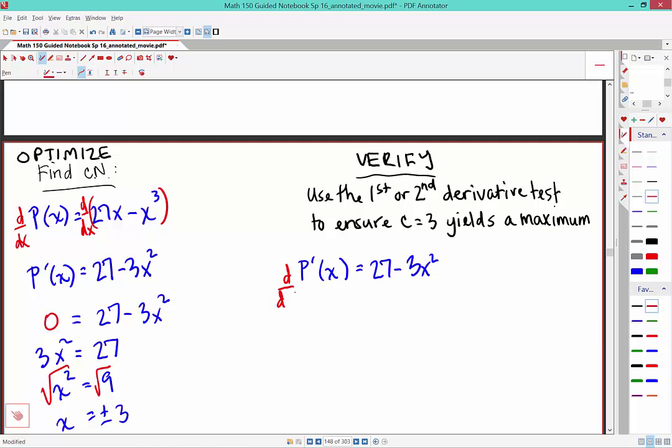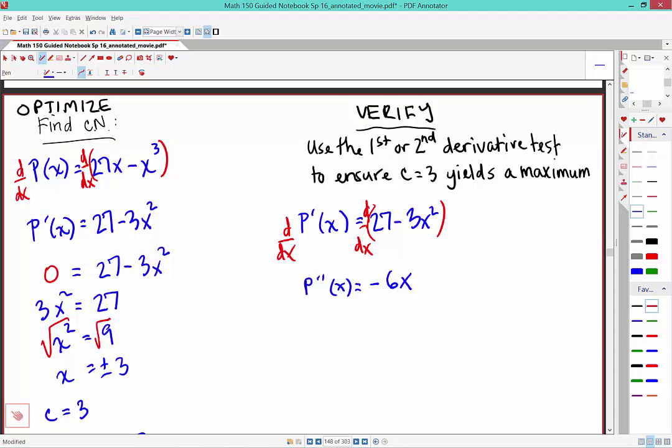So differentiating both sides with respect to x, we will have p double prime at x is equal to negative 6x. And if you recall, to run the second derivative test, you evaluate the second derivative at the critical number you found by setting the first derivative equal to 0.